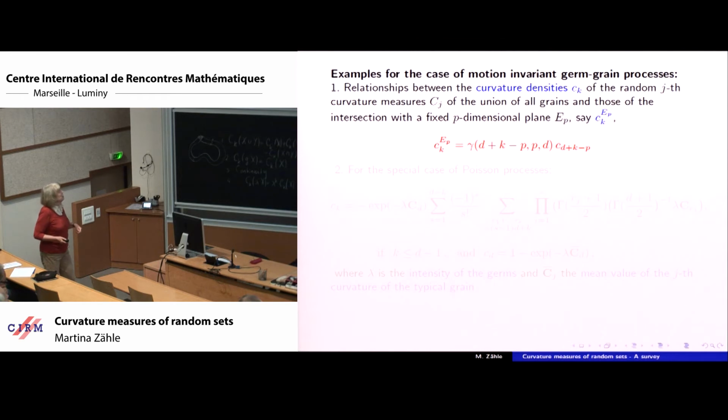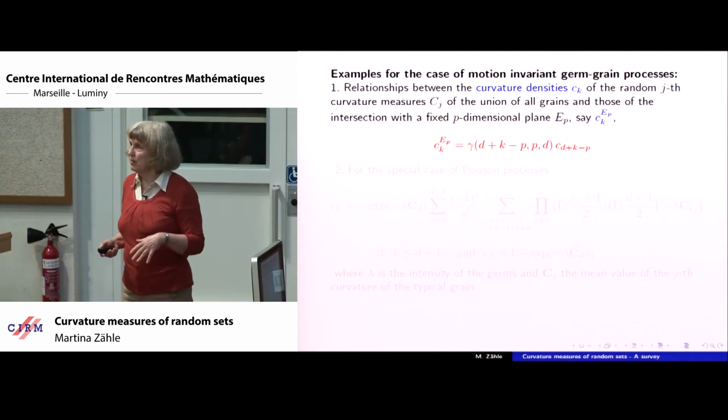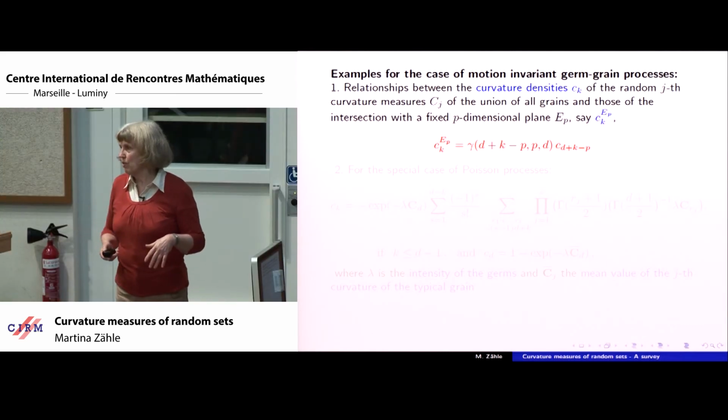Here I considered in the example the p-dimensional plane, E_p. The intersection model is again a stationary model in the plane, and then you have again these curvature intensities, and there is this well-known identity between the intersection intensities and those of the primary set of different orders. These are known to you at least from convex geometry.